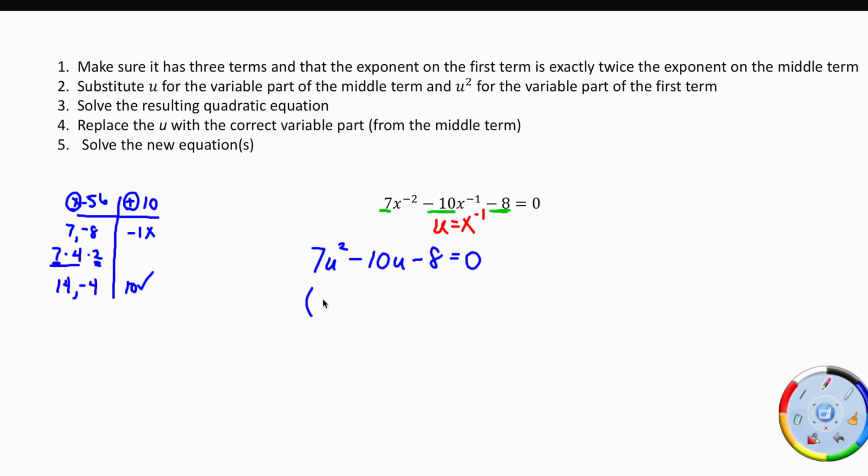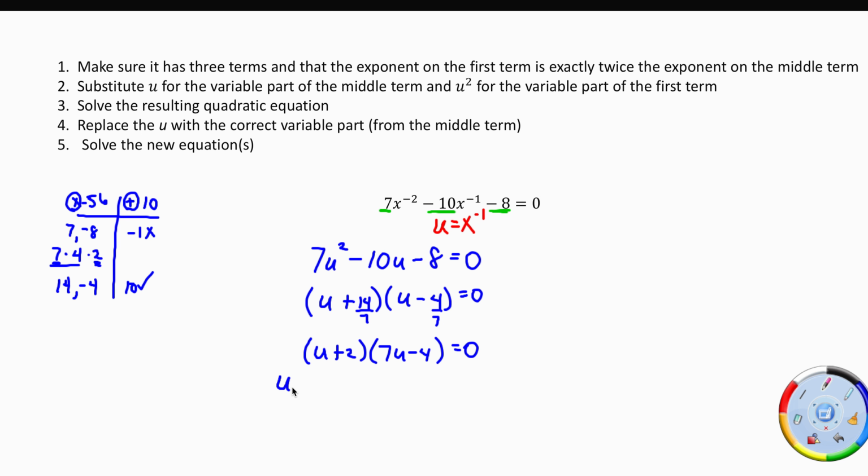Again, using our shortcut then, I have (u + 14)(u - 4) equals 0. Got to divide by 7 to finally get u + 2 and 7u - 4 for my factors.